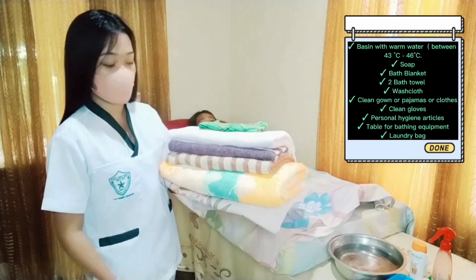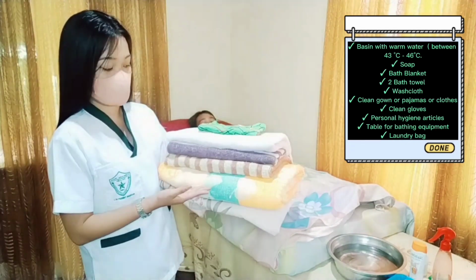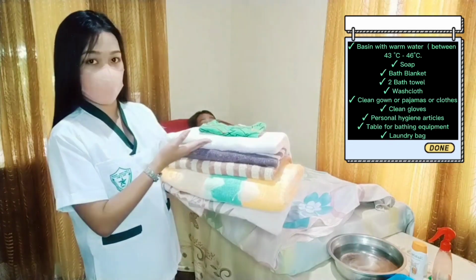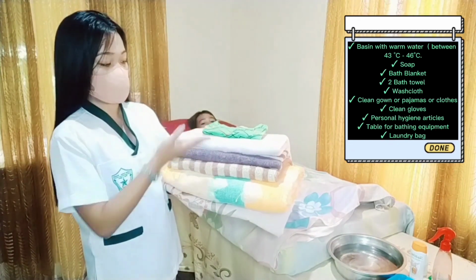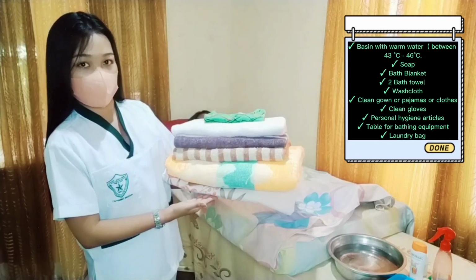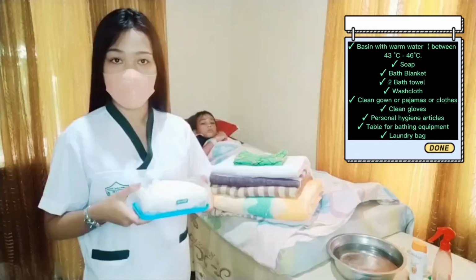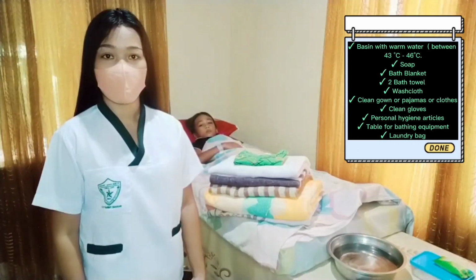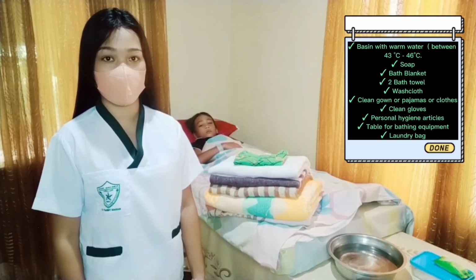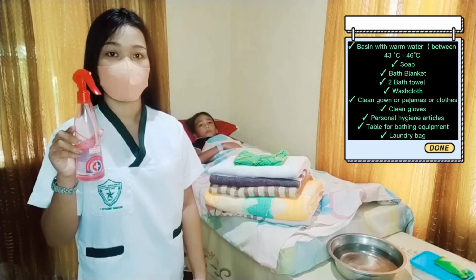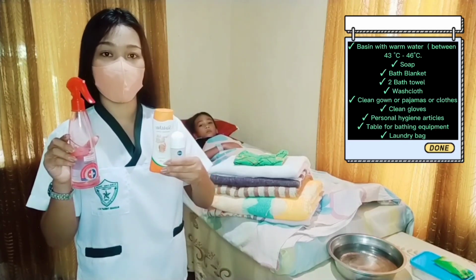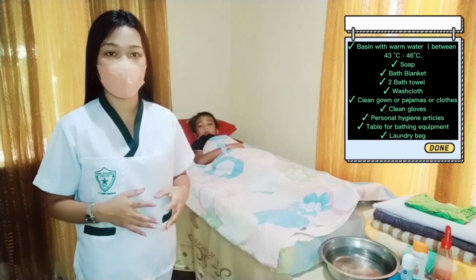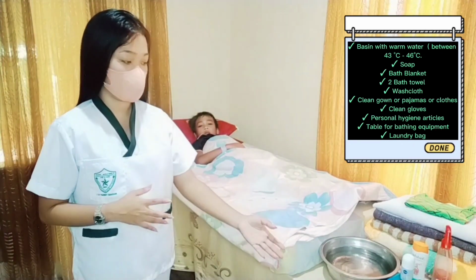Linens including a bath blanket, two bath towels, washcloth, clothes, and additional linens. If required, we also need clean gloves and personal hygiene articles like alcohol, lotion, and deodorant. Also, the bedside table with bathing equipment I have here at this side.